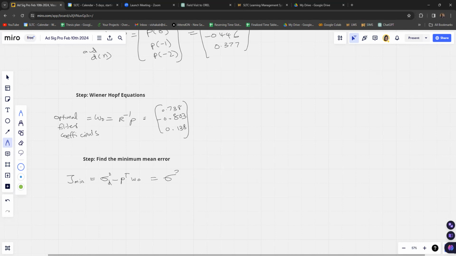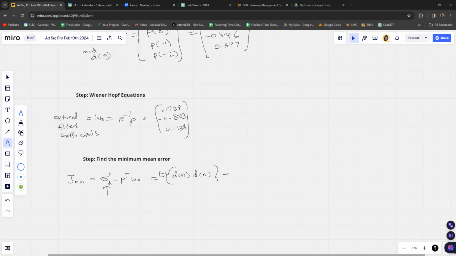This also can be written like, so now we know the variance of the desired signal. Variance of the desired signal we have to find out. So the variance of the desired signal is given by this dn into dn equation, right? So expectation of dn into dn gives us the variance of the dn signal, or the variance of the desired signal.